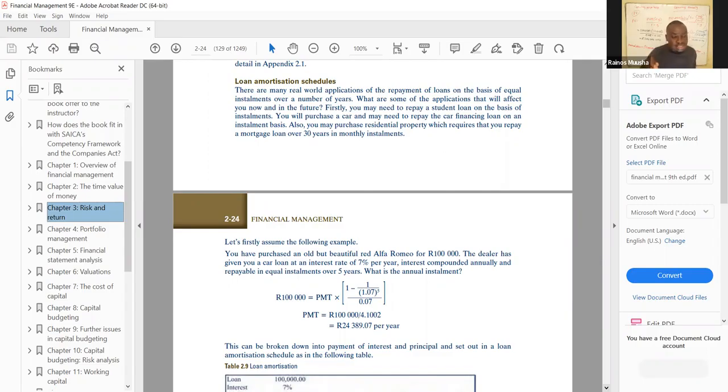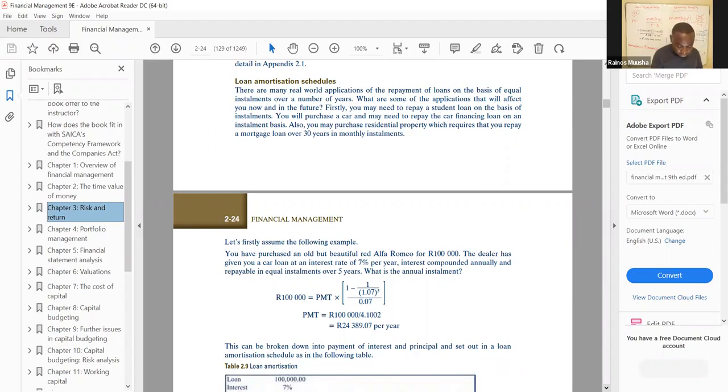What you might not realize is that every time you make a loan payment, some of the money goes towards interest to the bank, and some of the money goes towards what? Repaying the money that you're owing to the bank, which is the principal amount. So when you look at loan amortization, we're trying to find out exactly what the split is between interest payments and principal payments every time you make a loan payment.